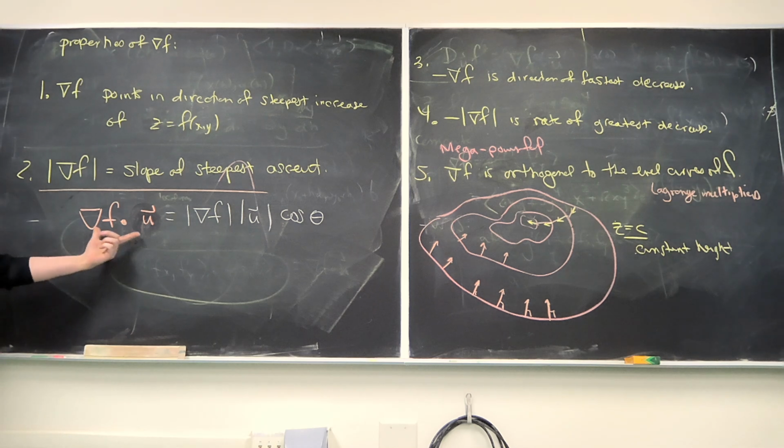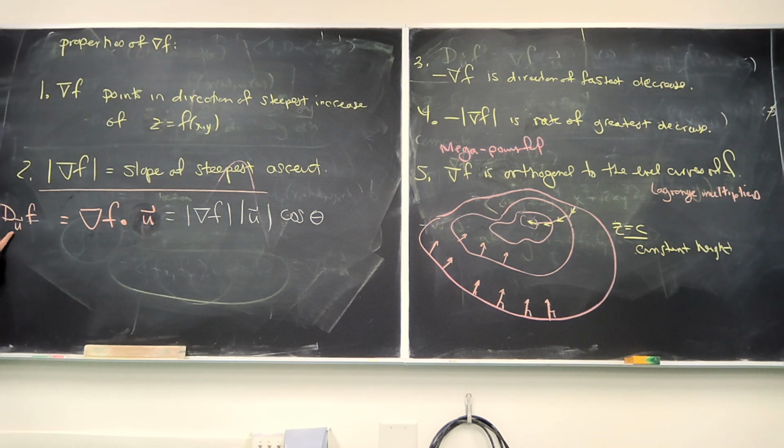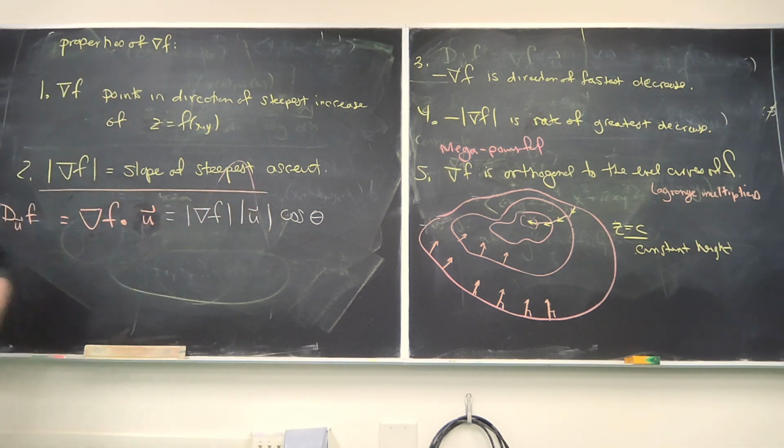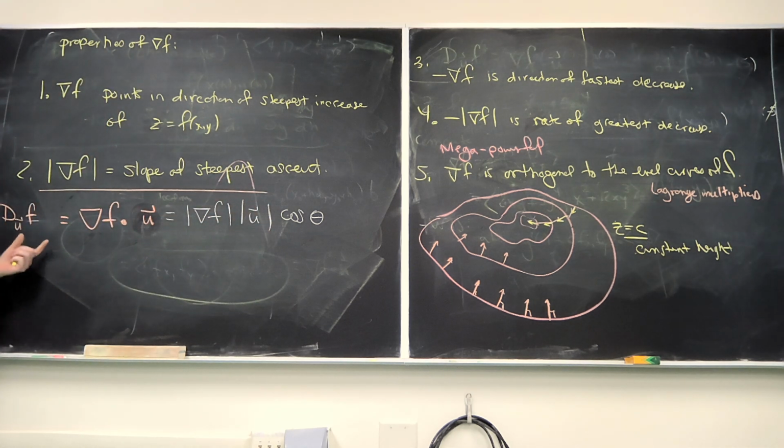So the size of this quantity, which is the directional derivative in the direction u of f, is going to vary based on the angle between the vectors. When is it the largest? When is this directional derivative the biggest? When cosine, yeah, when the angle is 0.